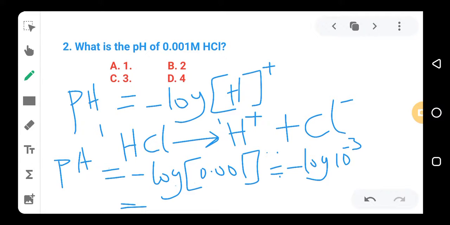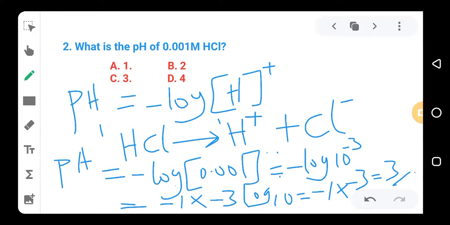Log 10 will give us 1. So we are going to have minus 1 times minus 3, which will give us 3. So the answer is 3.